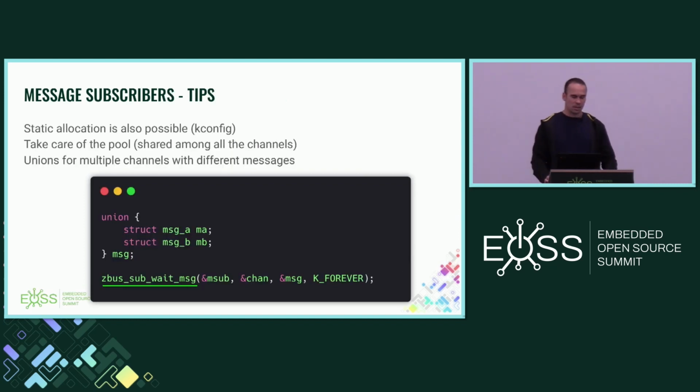Some tips about message subscribers. We can also use static allocation for it. If you want to avoid a heap, you can do that, but you must make sure that the message size that you are configuring there will be enough to fit all the messages you are exchanging on that message subscriber.